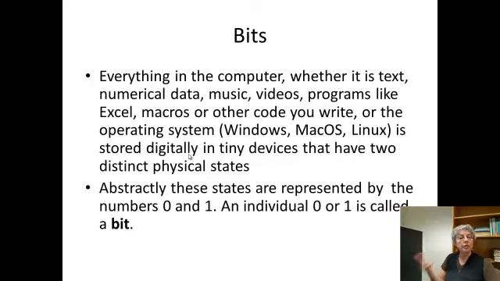And the reason only two values are used, 0 and 1, instead of like 3 or 10 or some other number, is that we want it to be as reliable as possible. And it's most reliable to just try to distinguish two states, like on or off, or low voltage and high voltage, as opposed to low, medium, and high, or something like that. So just two states is a good choice, and that's what computer manufacturers have gone with.